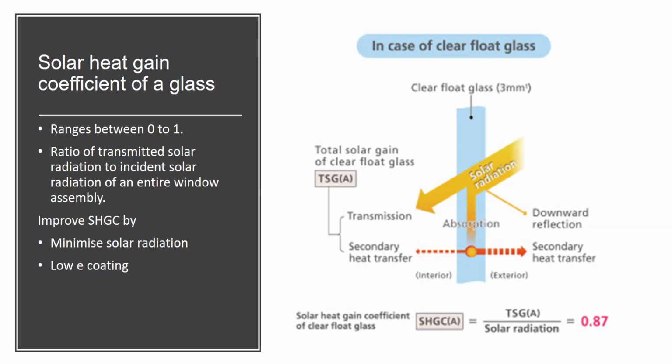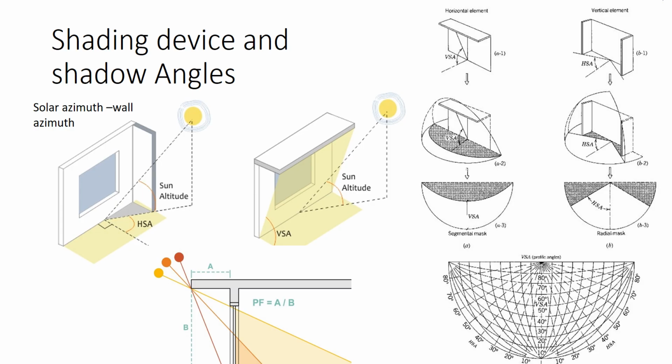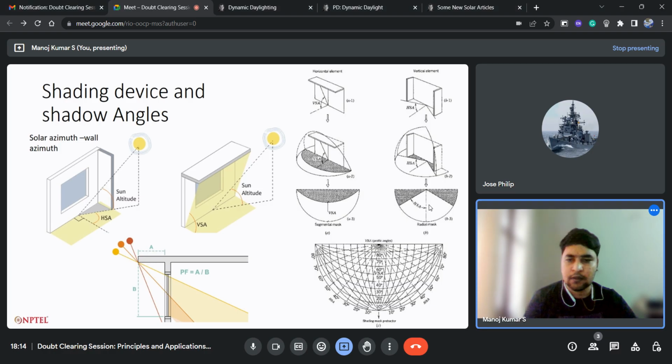And in the last class, we saw shading devices and shadow angles, and how we find them. To decide on a vertical shading device, we need the horizontal shadow angle, and vice versa. For deciding the horizontal shading device dimension, we need the vertical shadow angle.